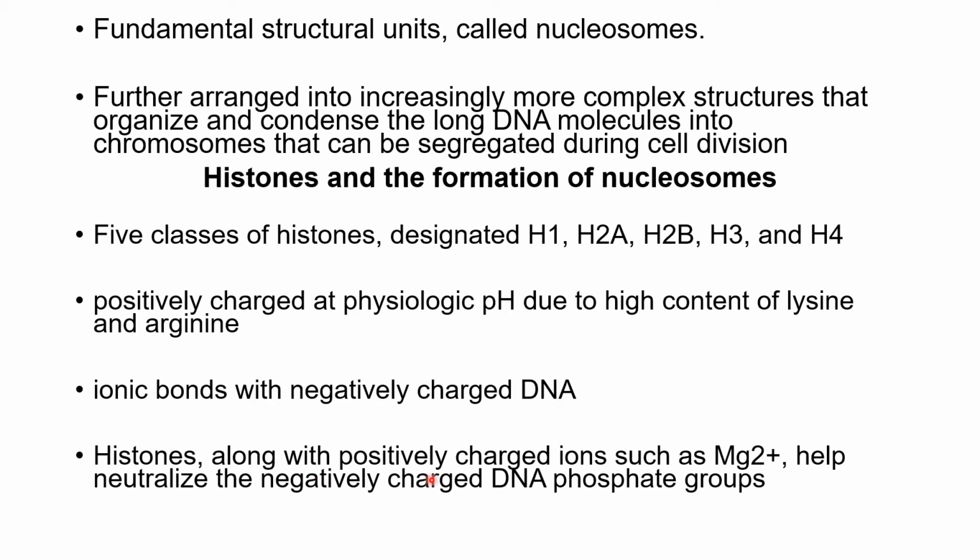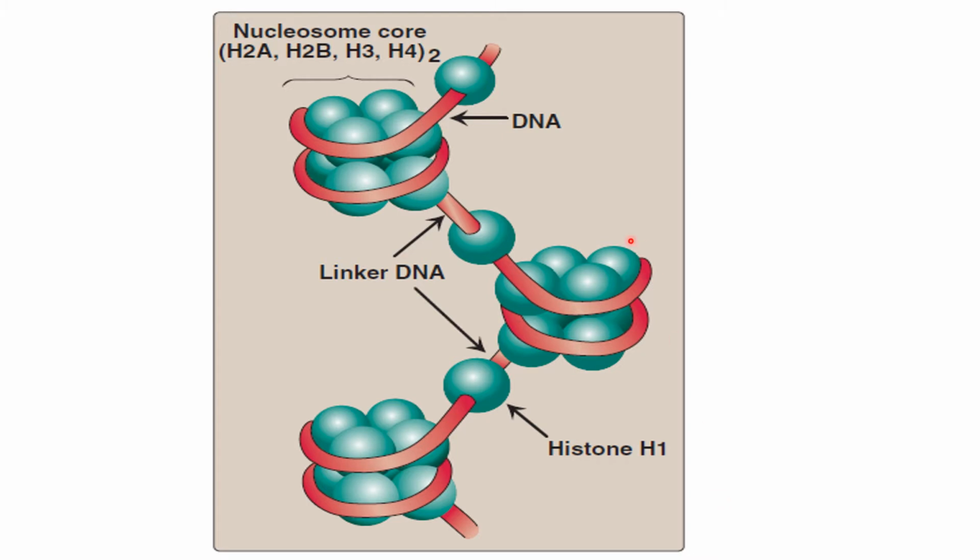Histones, along with positively charged ions such as magnesium, also help to neutralize the negatively charged DNA phosphate groups. This is the formation of the nucleosome. Here the nucleosomes form the core with H2A, H2B, H3 and H4, while the H1 histone is present in the linker DNA.